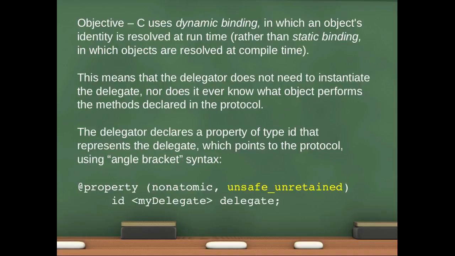Now we have unsafe_unretained. And then id, and then in angle brackets, the name of the protocol. Here we call it MyDelegate. And by convention, we name this property delegate. We could name it anything, but just to keep things straight, we conventionally name this property delegate.